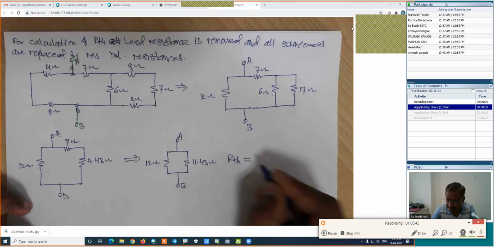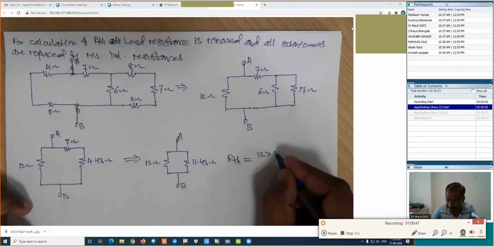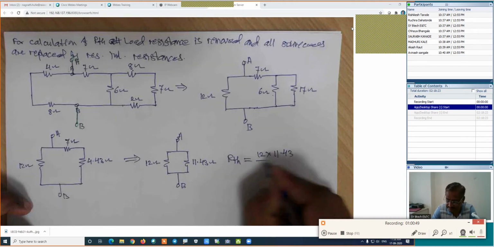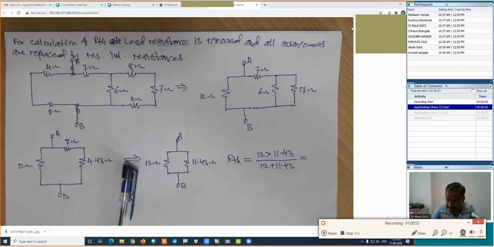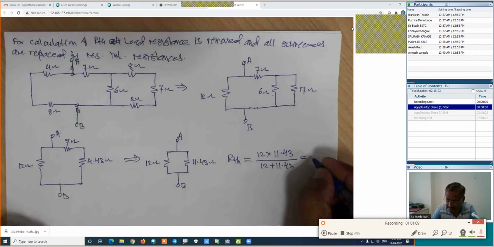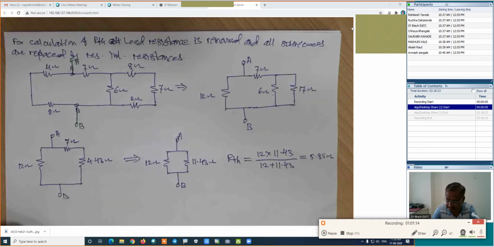RTH is equal to 12 into 11.43 divided by 12 plus 11.43. Find out the value of RTH. Yes, 5.85. 5.85 ohm is the RTH.